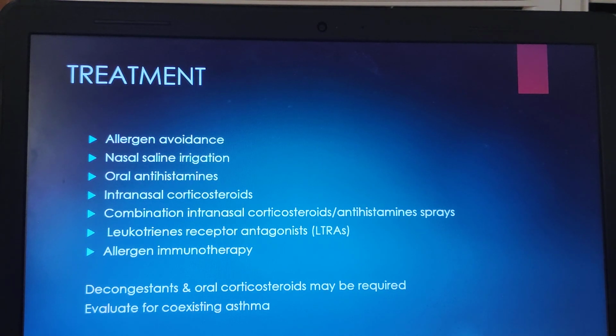One very important point in the treatment of allergic rhinitis is that there should be constant evaluation for coexisting asthma. If the patient has asthma, then he should be given prime priority in terms of management, and we should also look for the symptoms and improvement for the asthma care.